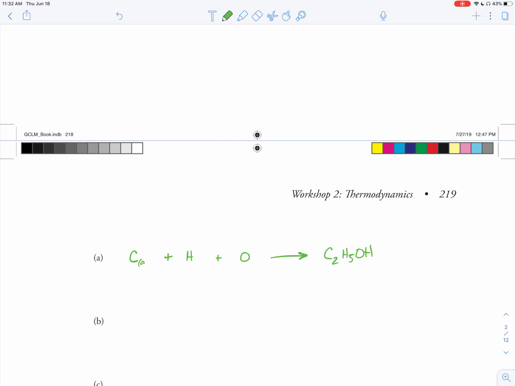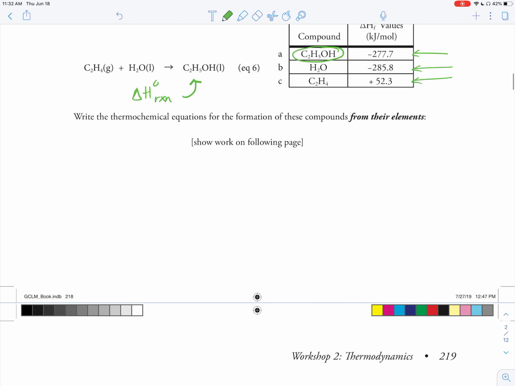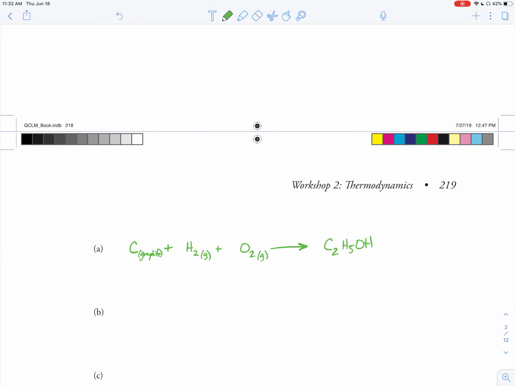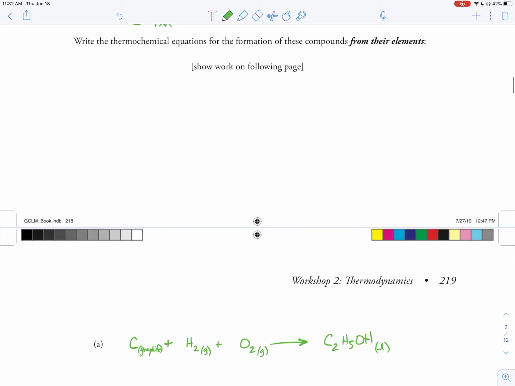For carbon, we're going to use graphite as our go-to. Hydrogen is going to be H2 because hydrogen is a diatomic molecule, and this is going to be in gas form at room temperature. That's the temperature we're assuming. And oxygen is also diatomic and gas at room temperature. And this particular one, it doesn't say, but we're going to assume that this is in liquid form just because it's written as liquid up here.